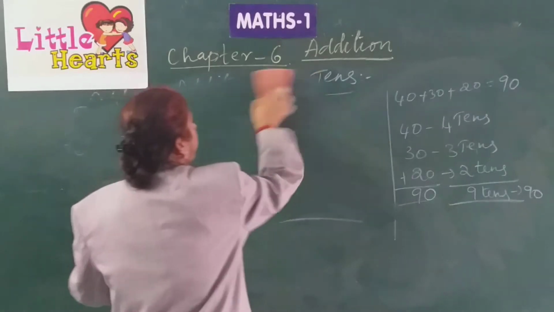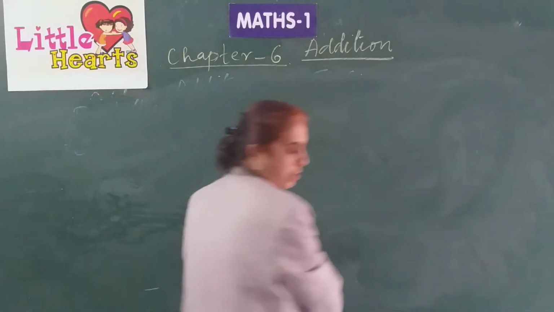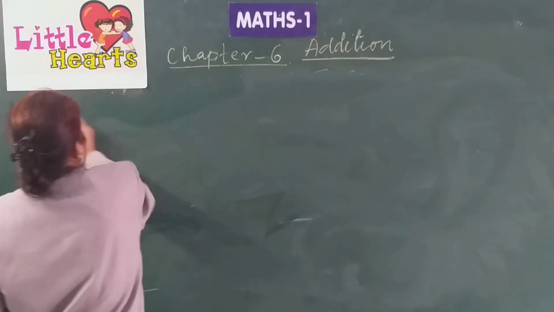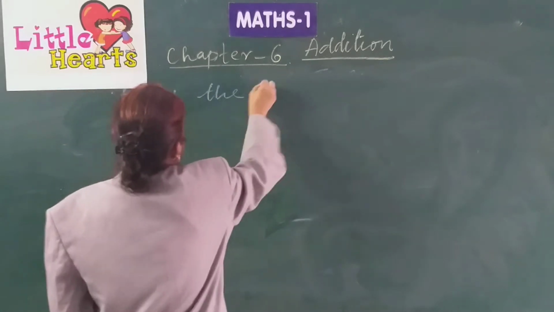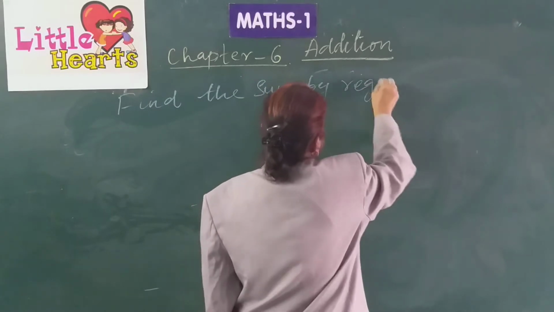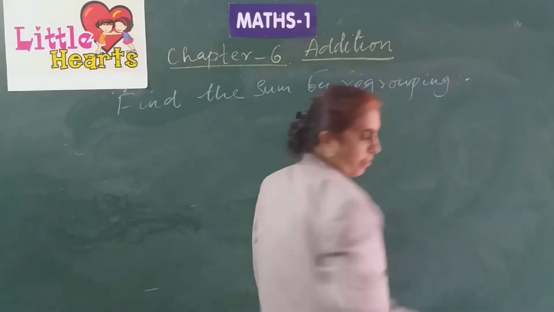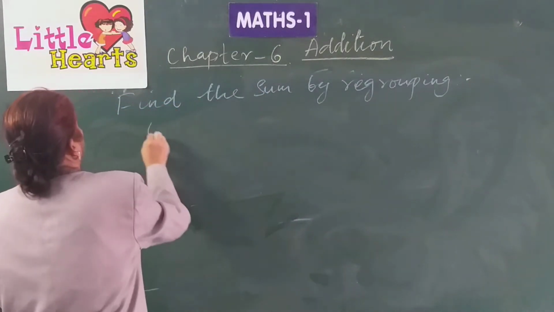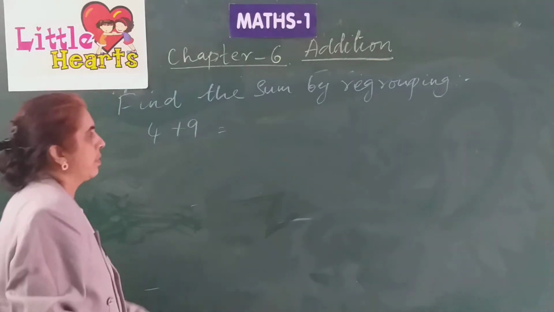And let us find the sum by regrouping now. Four plus 9 is equal to.